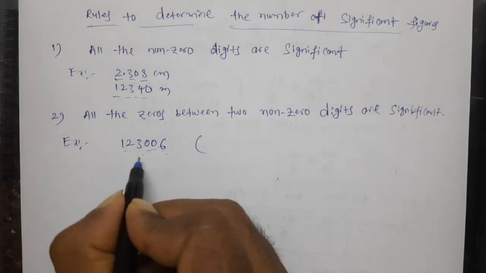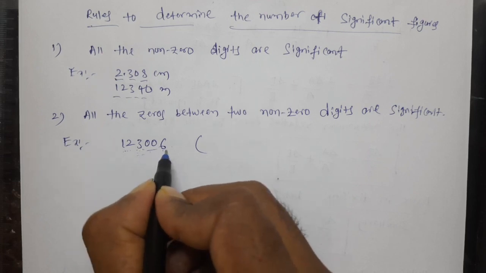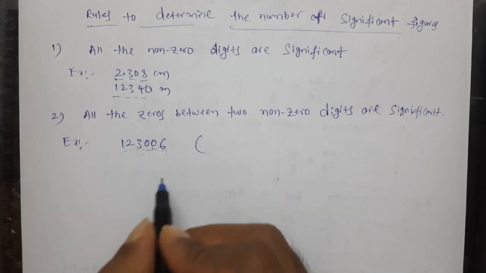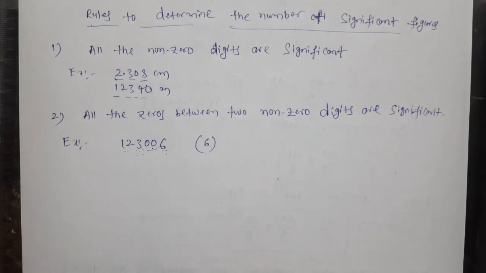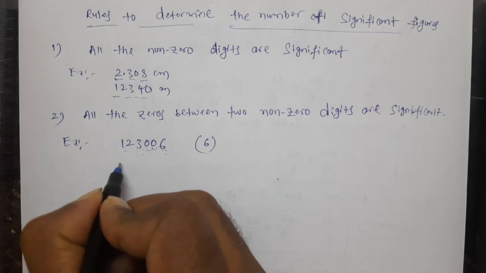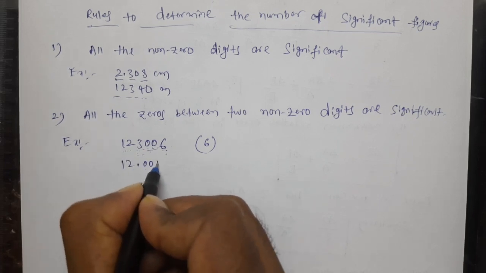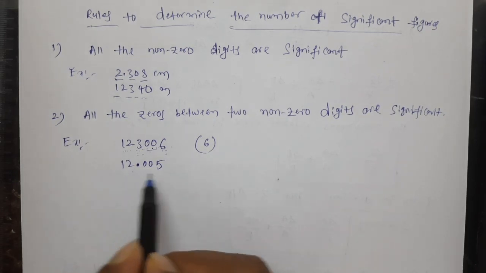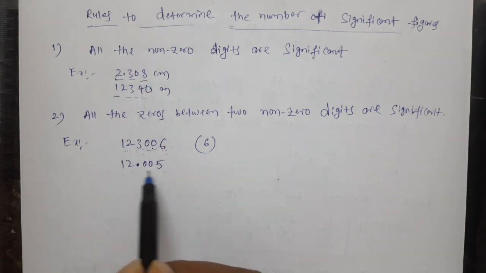So total how many significant figures do we have in this number? 1, 2, 3, 4 are non-zero. Of course these two are zeros, but they are in between non-zero digits, so they are also significant. So total 6. And if we take another number, 12.005: 1, 2, 5 are non-zero digits, so according to the first rule these 3 are significant.